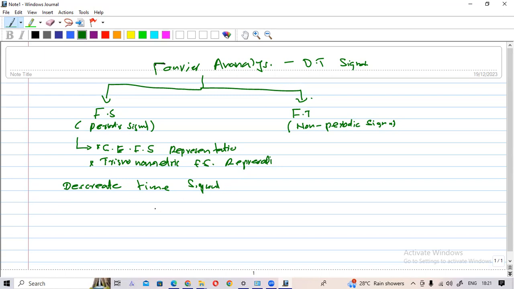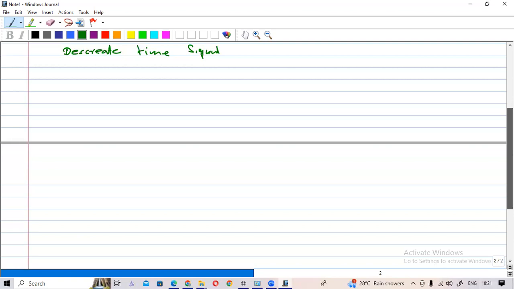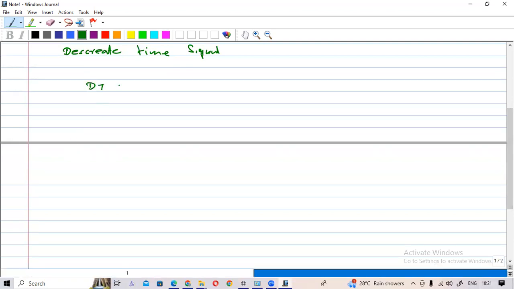So we will first learn the discrete time complex exponential Fourier series representation.